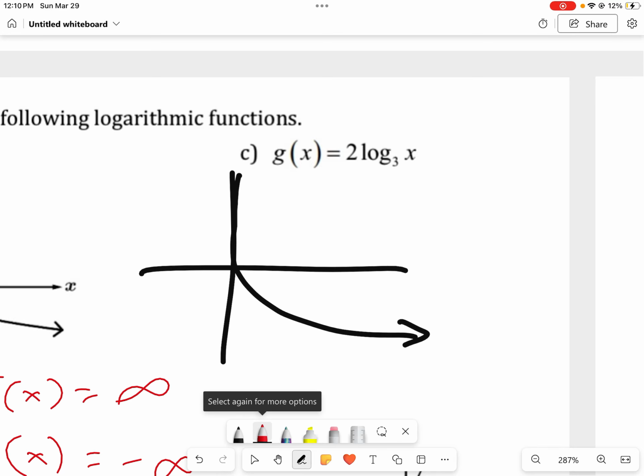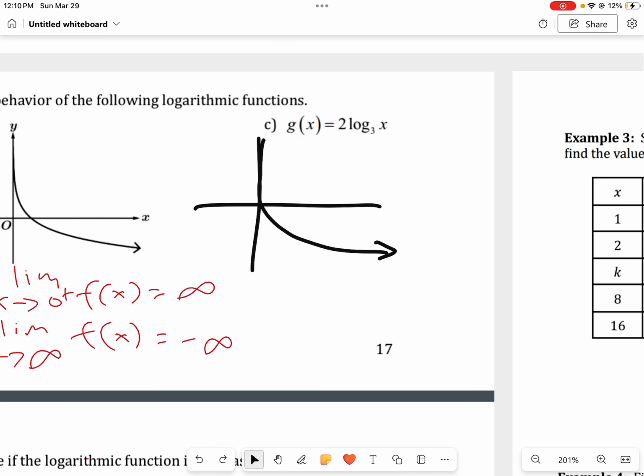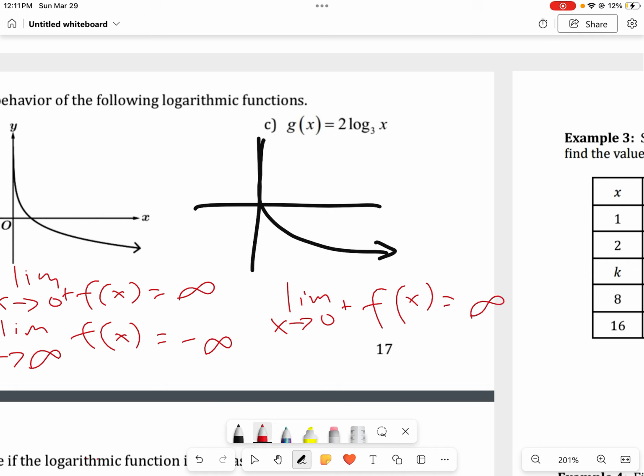And then if we're going to write the end behaviors for that, we do the limit as x approaches 0 from the positive side, f of x would be infinity, and as x approaches infinity, f of x would be negative infinity. Oh, no. Sorry.